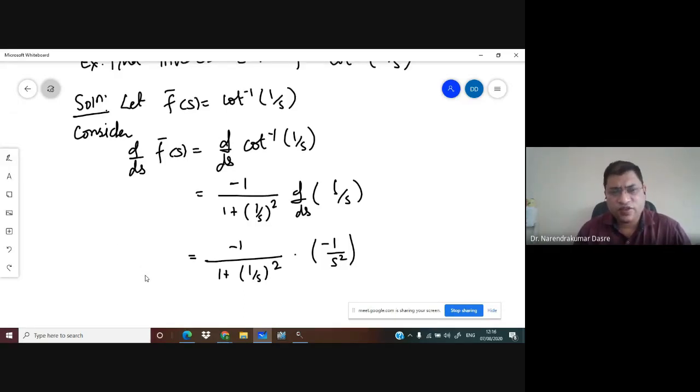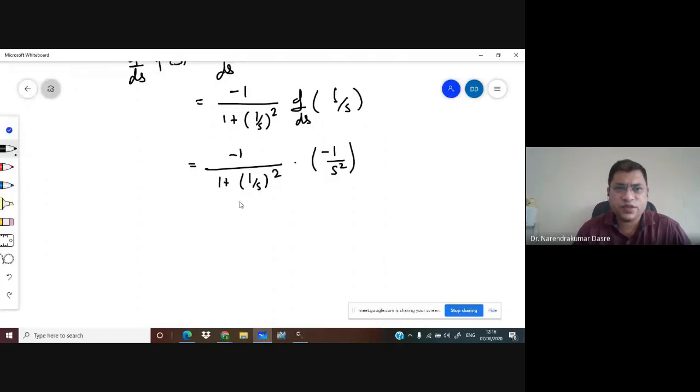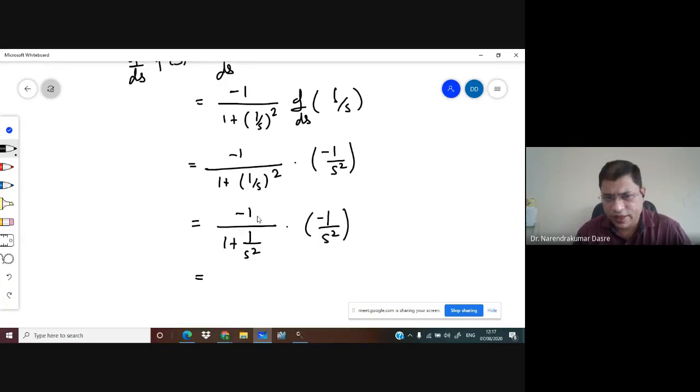Now, if we simplify this, then we have minus 1 upon 1 plus 1 upon s square into minus 1 upon s square. And this s square will multiply here and go to the numerator. So I'll get minus s square upon s square plus 1, and I'll be having minus 1 upon s square.